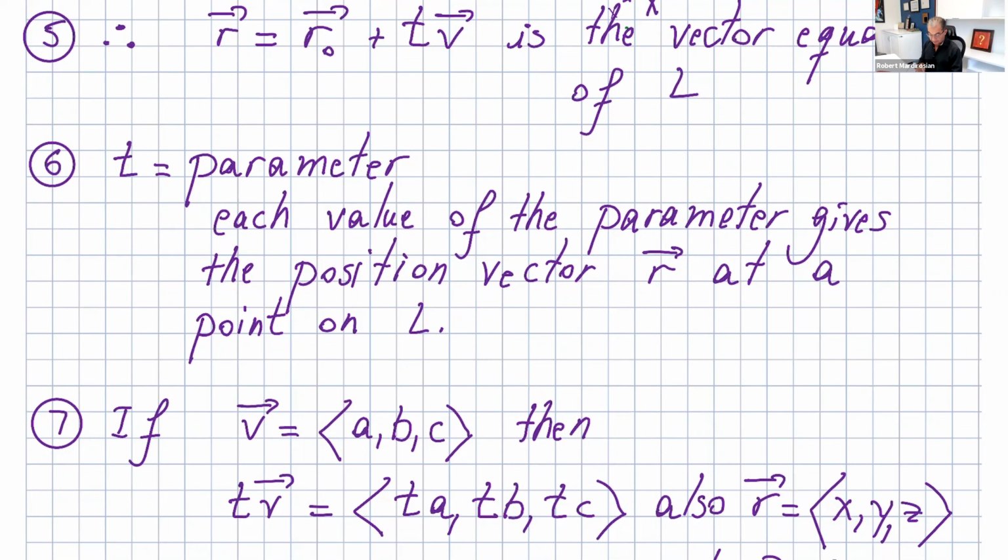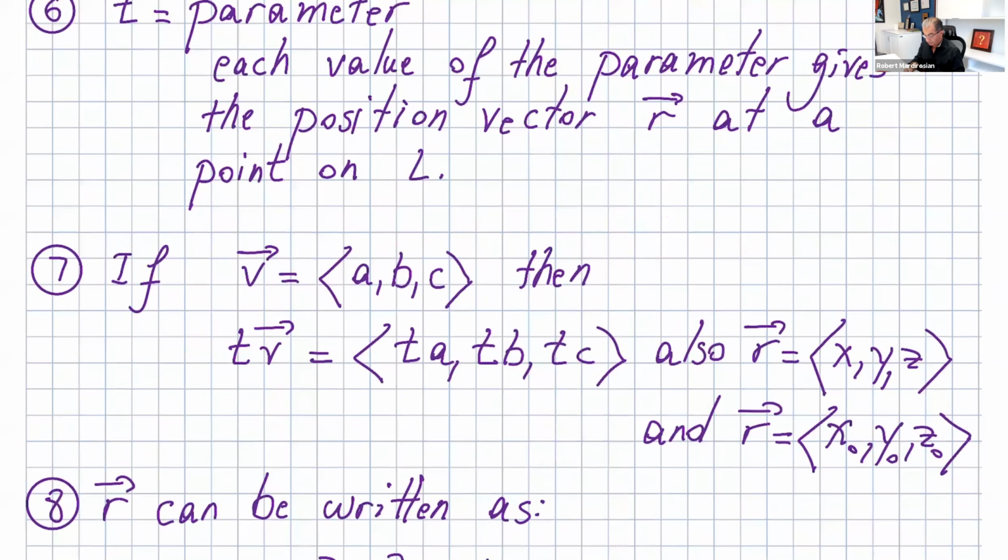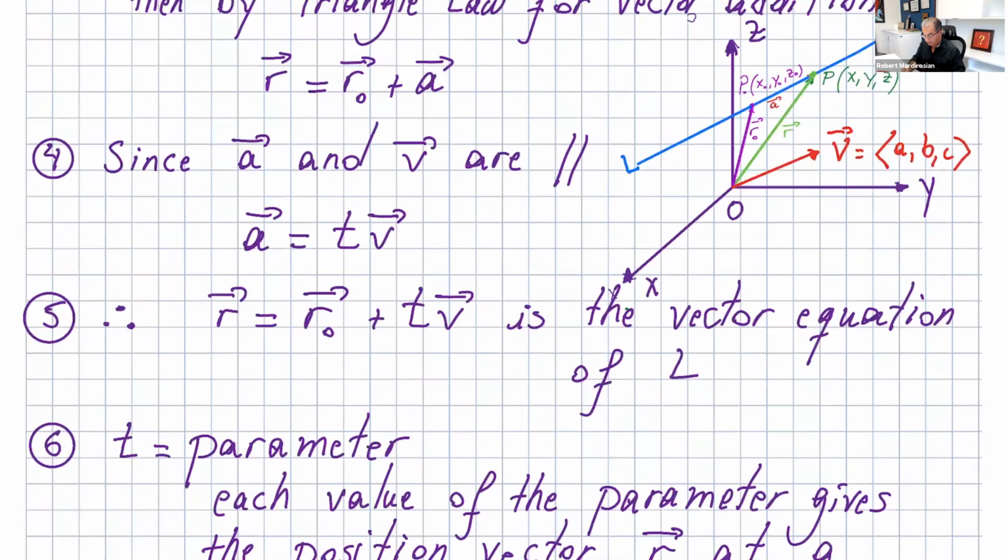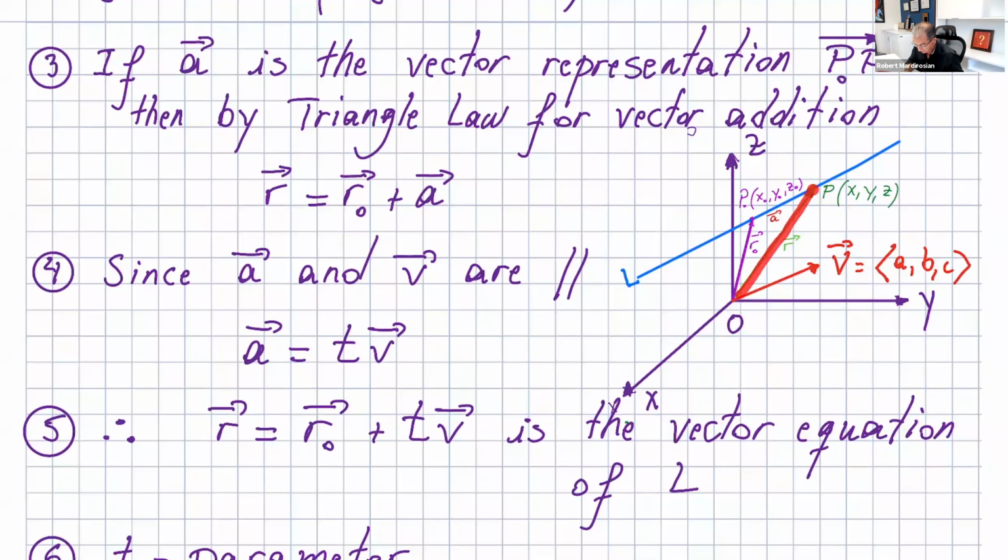So tv can be written as ta, tb, and tc. Also, the components of vector r are x, y, z. Let me go back here. So again, this is the vector r, and if I write its components, the vector r is x, y, z.